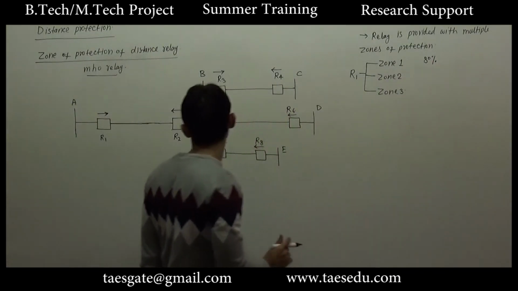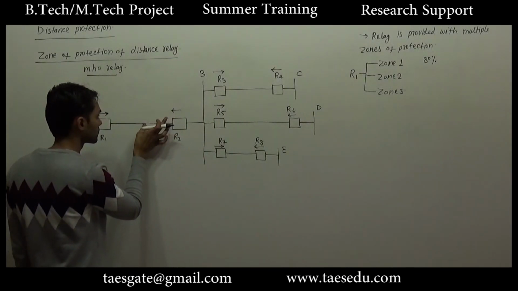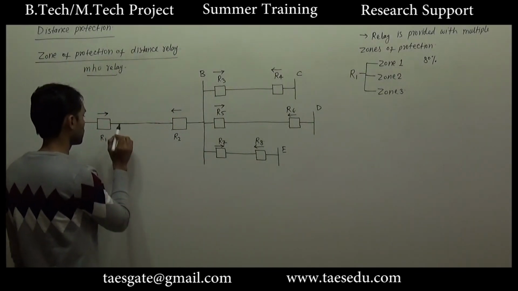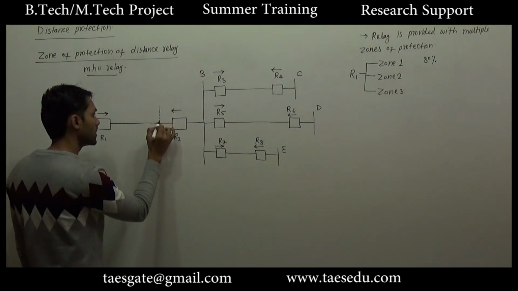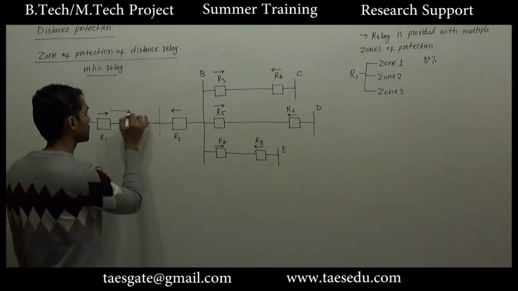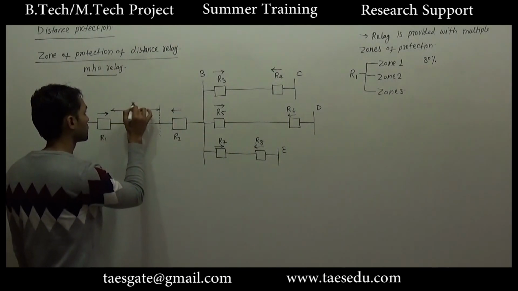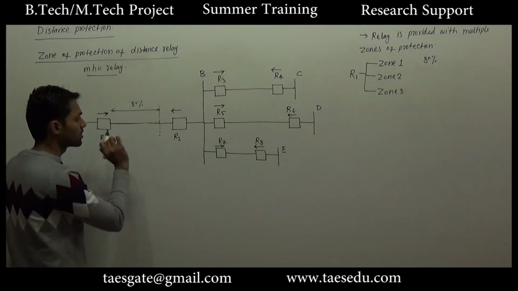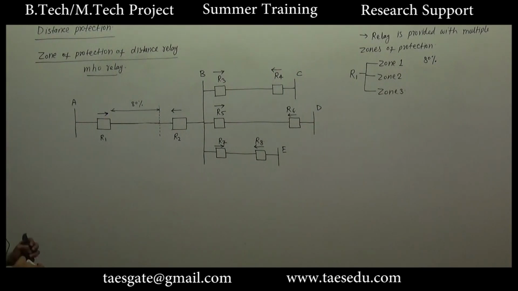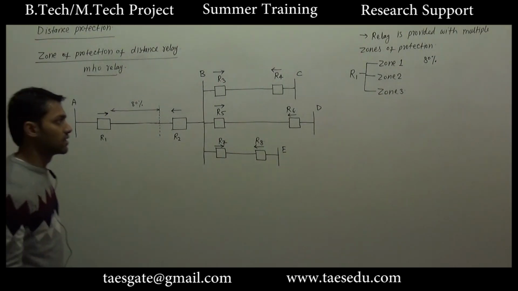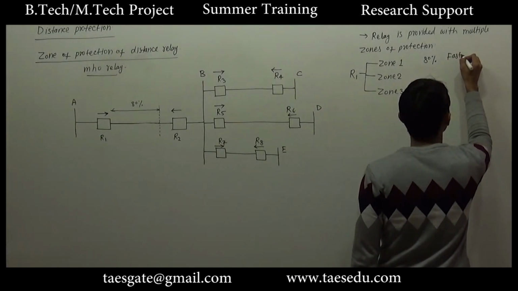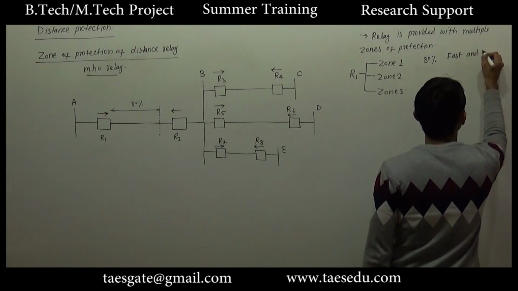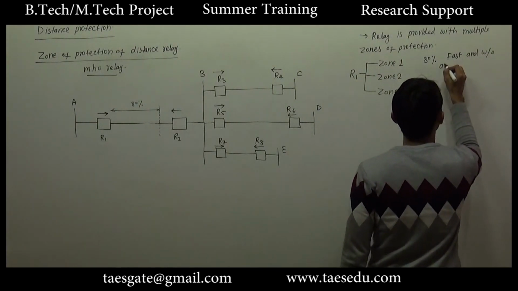It means if a fault occurs up to 80% distance on the line from the relay, this fault will be detected by zone 1 protection. And zone 1 protection is fast and without any intentional delay.